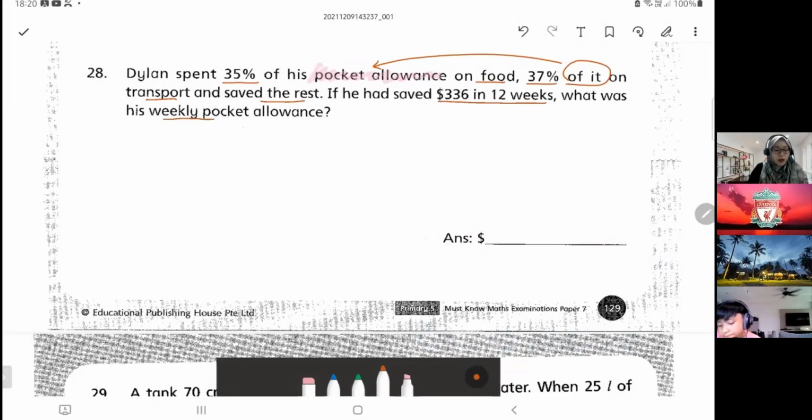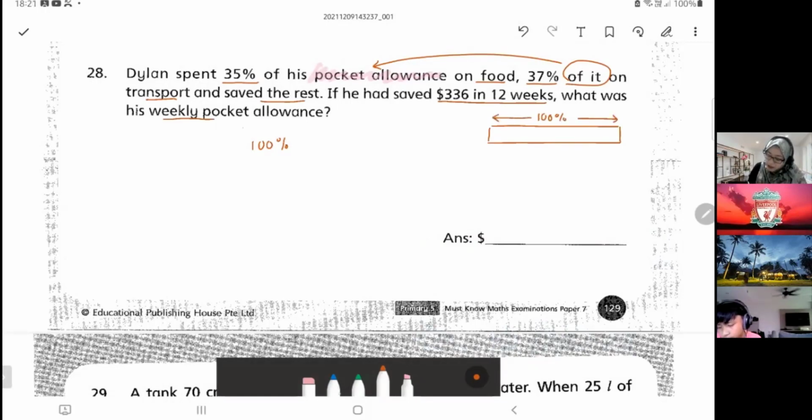All right, so if I know for sure that it's from the same pocket allowance, which means it is as a whole, means a whole is a percentage of 100. Understand? If you don't understand what I'm trying to say, a whole means this. About model, the whole thing is his pocket allowance, 100%.